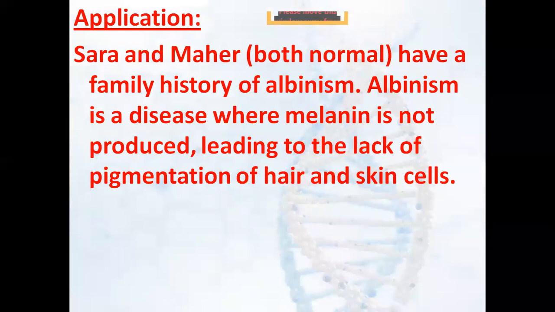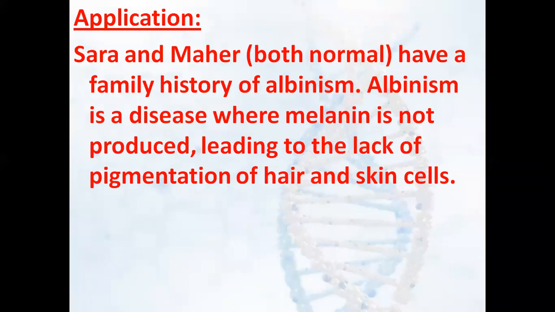Sarah and Maher, both of them are normal and they have a family history of albinism. What is albinism? Albinism is a disease where melanin is not produced, leading to the lack of pigmentation of the hair and skin cells.